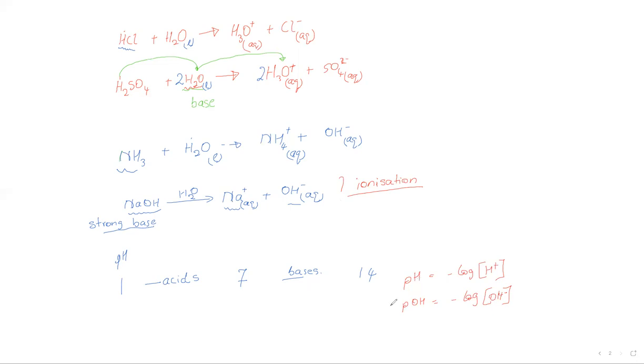Now, we also have what you call a conjugate acid-base pair. For example, if you have an acid and a base, that will give you a conjugate acid and a conjugate base.